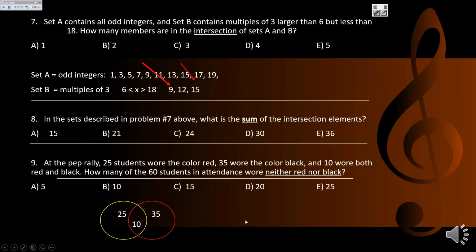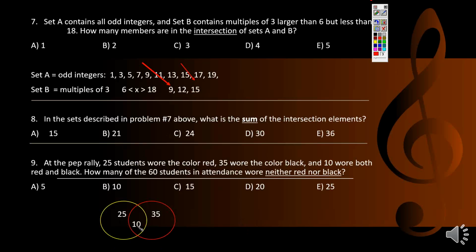So let's just look at this for a second. If we have 25 that wore red but 10 that wore both, then we actually have 15 that wore only red. Okay? So let's see if we can just put this up here somewhere.